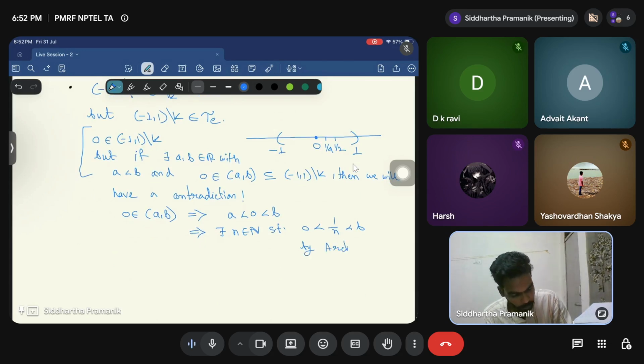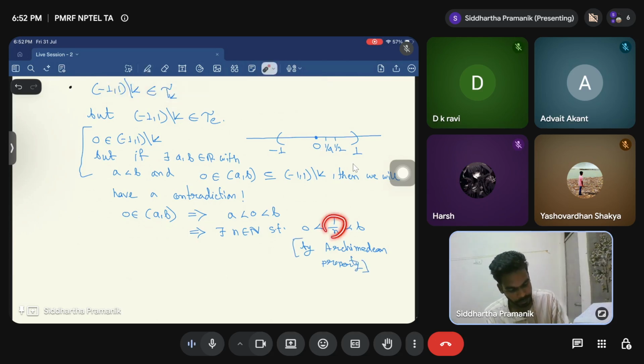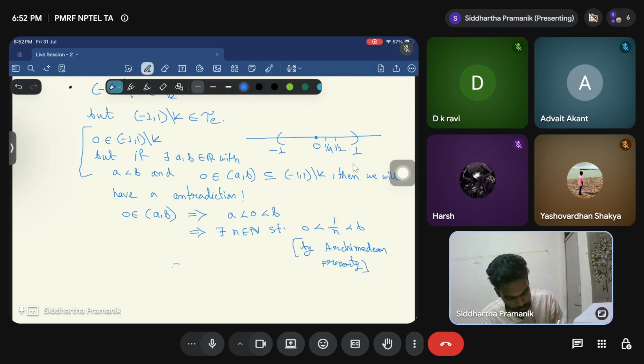This is by the Archimedean property, which you have to recall from your real analysis course. So this 1/n is inside your open interval (a, b).